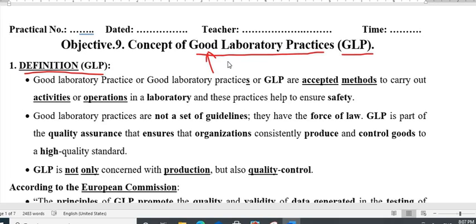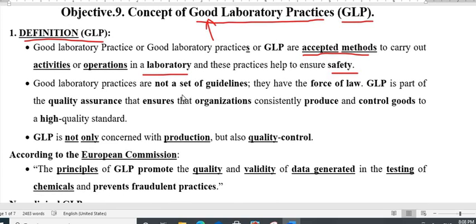So if you want to define it, or explain the meaning of good laboratory practices, you have to go through the words and then define. GLP is the method which is carried out in the laboratory for safety purposes, as well as so that the work is performed in the laboratory judiciously. So this is about the GLP.